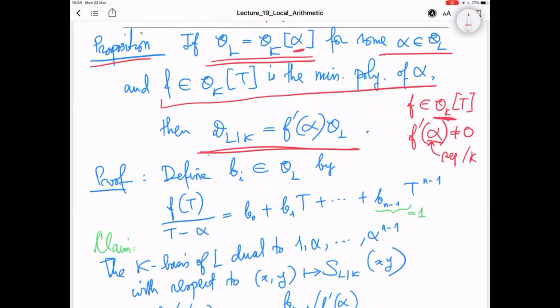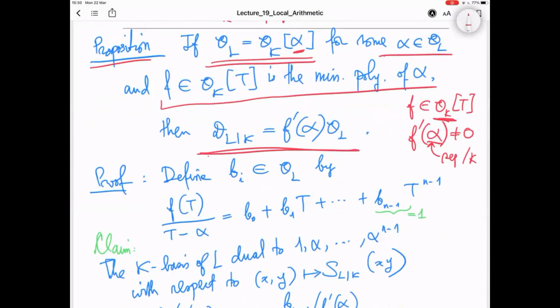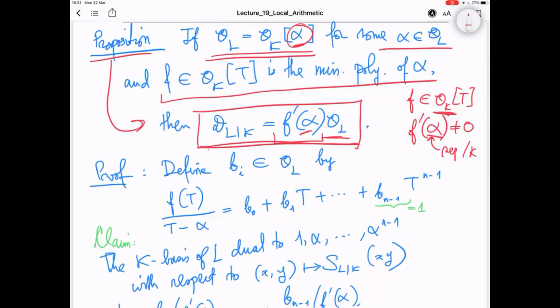Now you have a lot of choice for this alpha. So at the end, you get an ideal which is independent of alpha. All these f prime of alpha for different alphas generate the same ideal. That's a corollary of this proposition. So let's prove that.